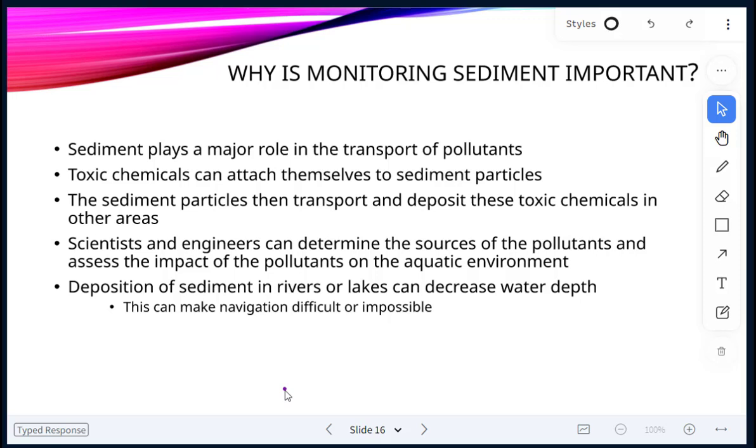Those sediment particles then will transport and deposit those toxic chemicals in other areas. So scientists and engineers can determine the source of the pollutants and then assess the impact of the pollutants on the aquatic environment. Deposition of sediment in rivers or lakes can also decrease water depth, which can make navigation difficult or impossible, as well as cause other problems.